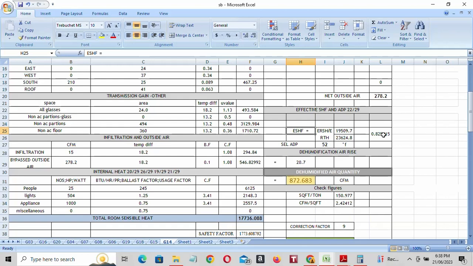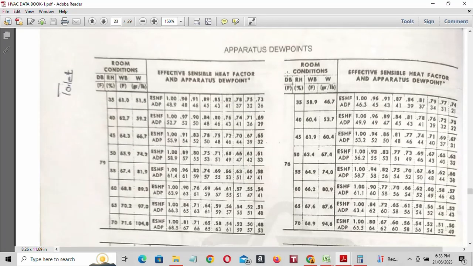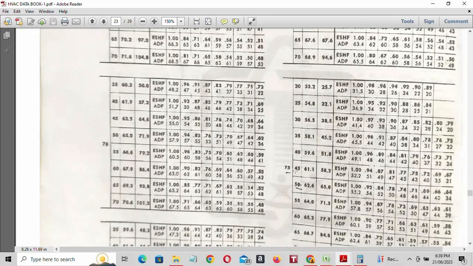For this ESHF, we have to select the apparatus dew point from the data book. Our inside dry bulb temperature is constant, 75, and relative humidity is 50. We got ESHF 0.82. We don't have 0.82 here, so we go for the higher value, 0.84.